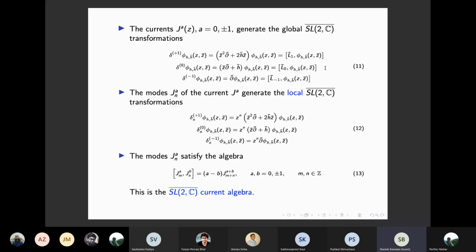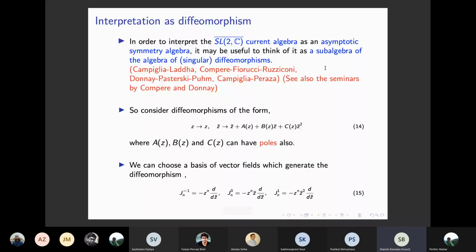Okay, so now let me just say how this SL2C bar Kac-Moody algebra is related to the asymptotic symmetry algebra. And if you want to do it, then it may be useful to think of it as a subalgebra of the algebra of singular diffeomorphisms on the sphere.